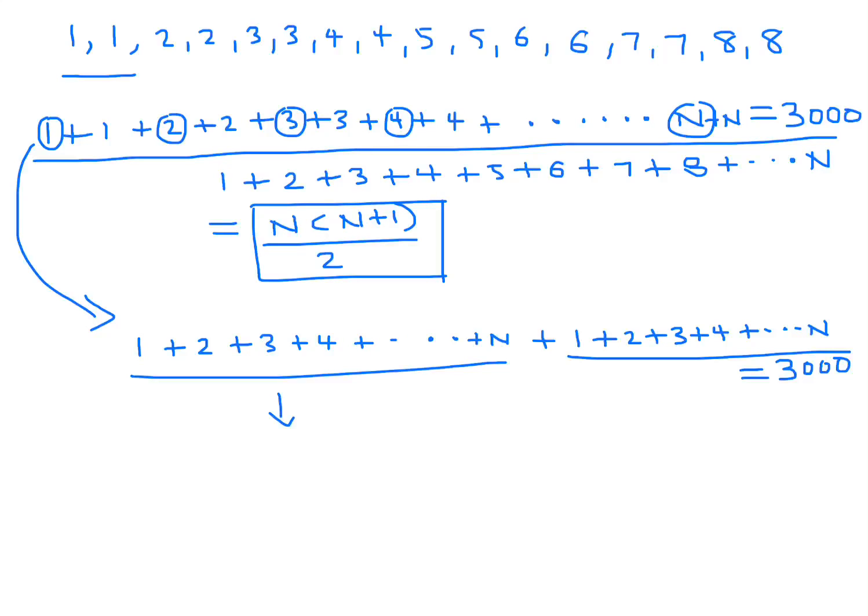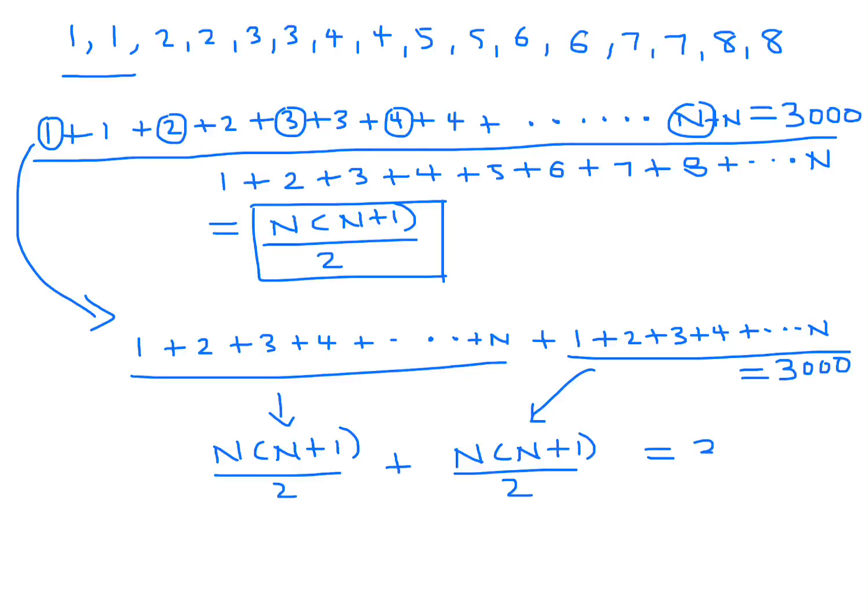So this first one becomes n times n plus 1 over 2, and then this next one is the same, n times n plus 1 over 2. And again, it's going to be equal or close to 3,000.